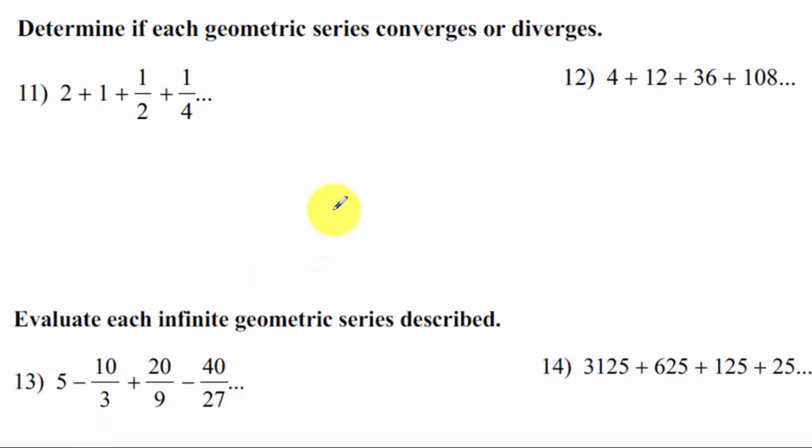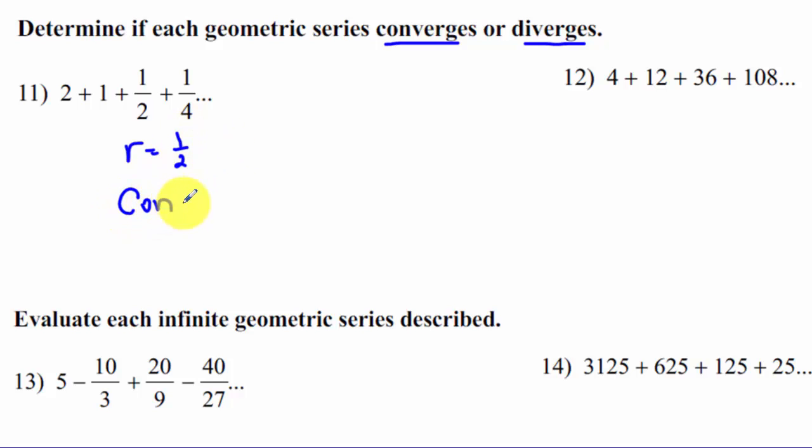So let's look at some sample problems like you'll see on your practice worksheets and your exit tickets. For the first part, all we're trying to determine is, does it converge or diverge? We don't need to give the answer at this time. So we have to figure out the common ratio. Going from one term to the next, we're multiplying by a half, a half, a half. So in this one, the common ratio is 1/2, which is less than 1.